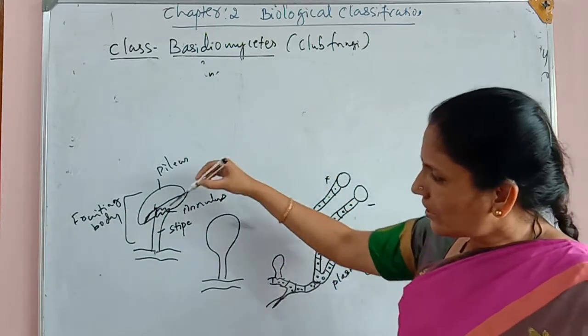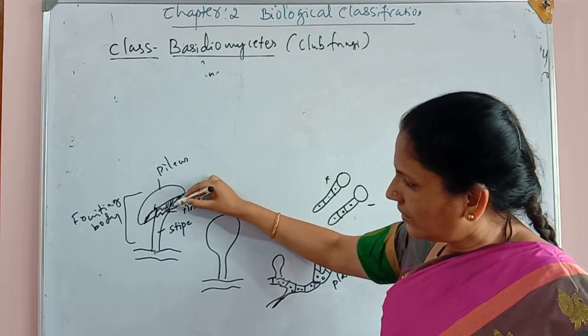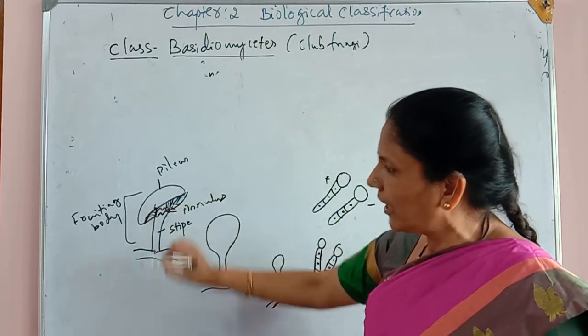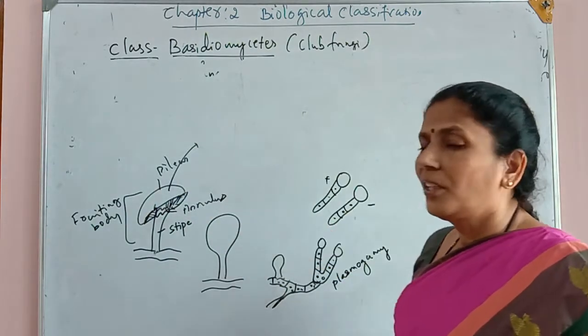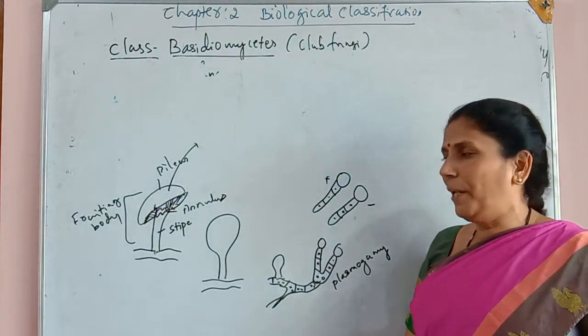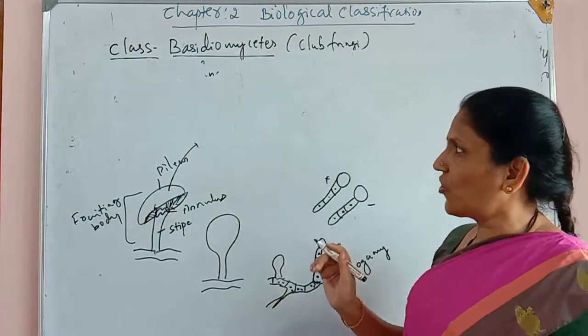Inside this pileus there are some plate-like structures. They are called the gill plates. Inside the gill plate we may find a structure like this.